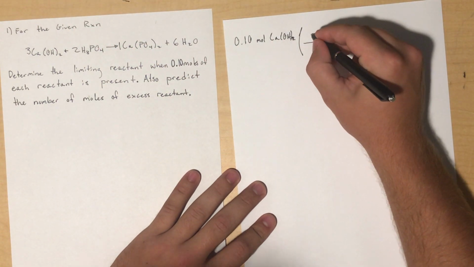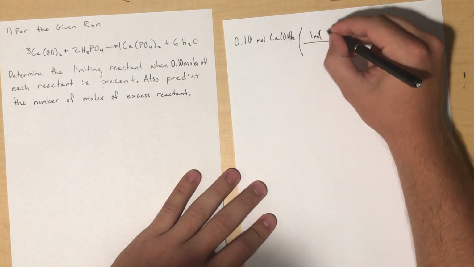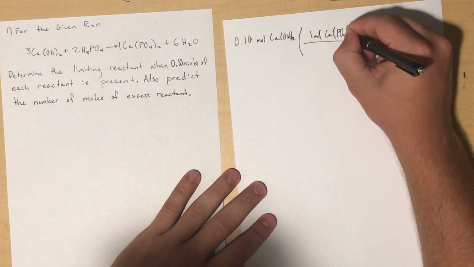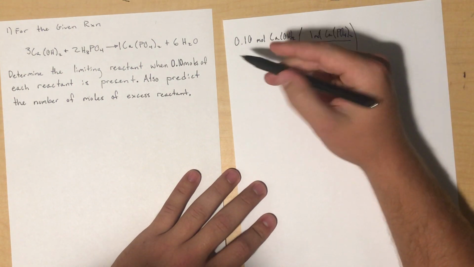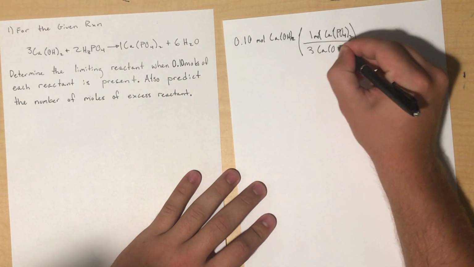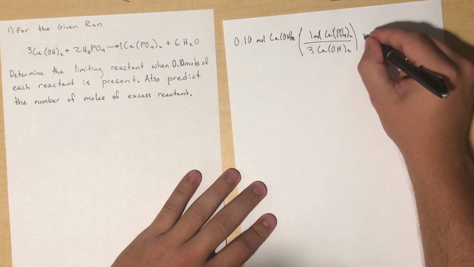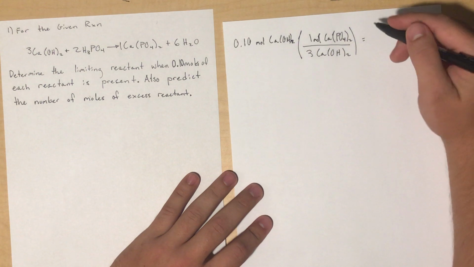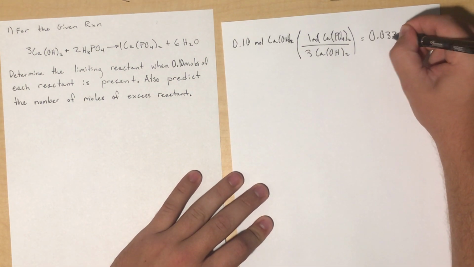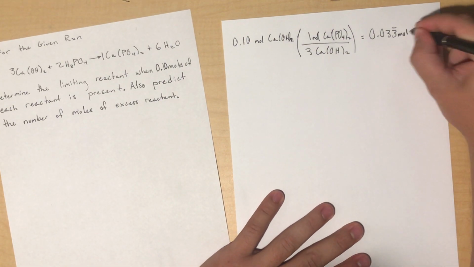So for every 1 mole of product, we have 3 moles of reactant. And when we calculate this, we get 0.033 repeating moles of product.